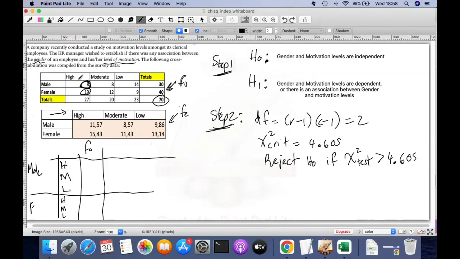Where it's male and high, the value is 8. Where it's male and moderate, it's 8 as well. Male and low, it's 14. Let's do females now. Females highly motivated, 19, then 12 and 9.